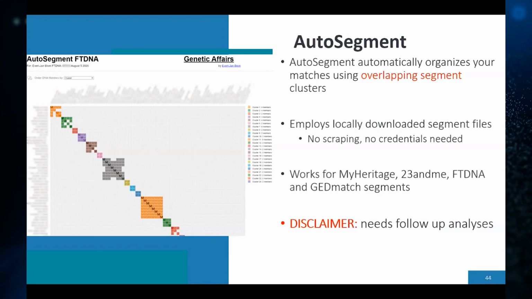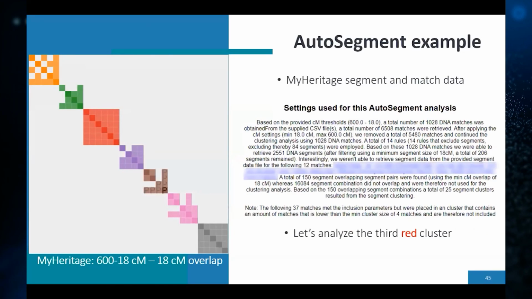All right, so let's show an AutoSegment example from MyHeritage. This is an AutoSegment analysis based on DNA matches of 600 down to 80 centimorgan. Since I'm from Europe, I have to take a much lower centimorgan threshold.